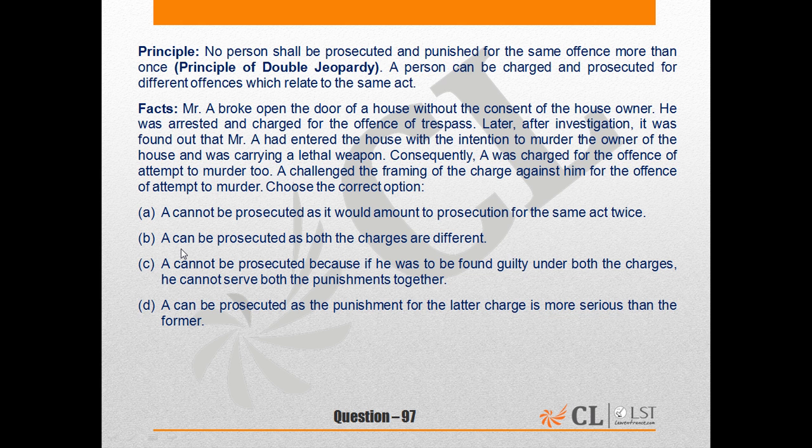Later, it was found that Mr. A had entered the house with the intention of murdering the owner. Consequently, A was charged for the offence of attempt to murder. A challenged the framing of the charge against him for the offence of attempt to murder. Choose the correct option. The correct option would be option B because A can be prosecuted. Both the charges are different.